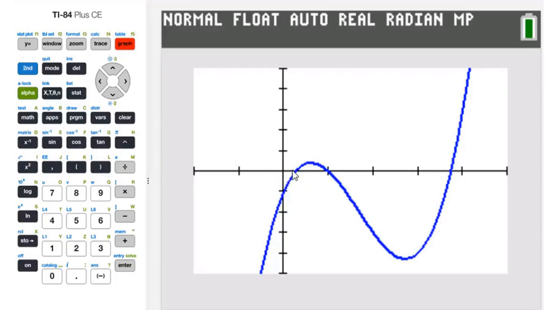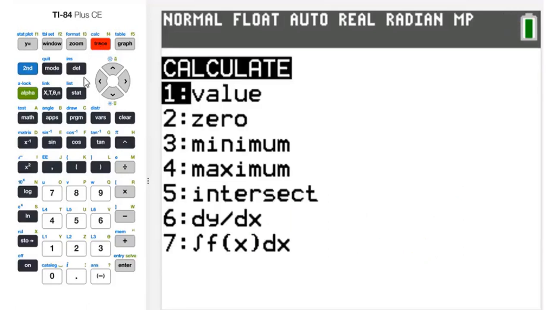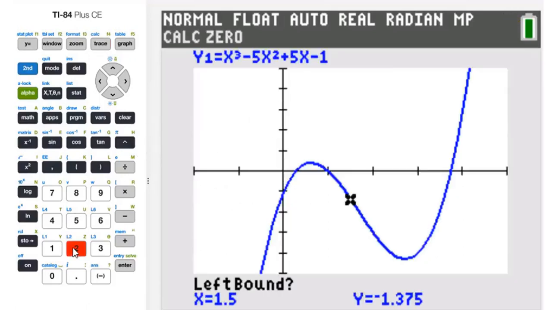Therefore, you know, this is my first 0, second 0, and then the third 0. I go to second trace, calculate, zero, so I press 2. Then it asks left bound. I'm looking for the first 0. Left bound means any point on the left side of this 0.